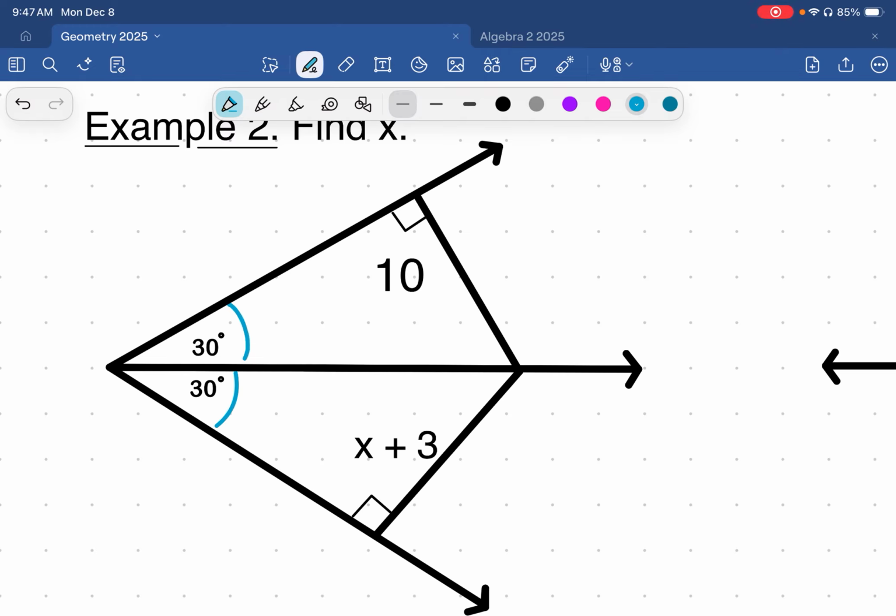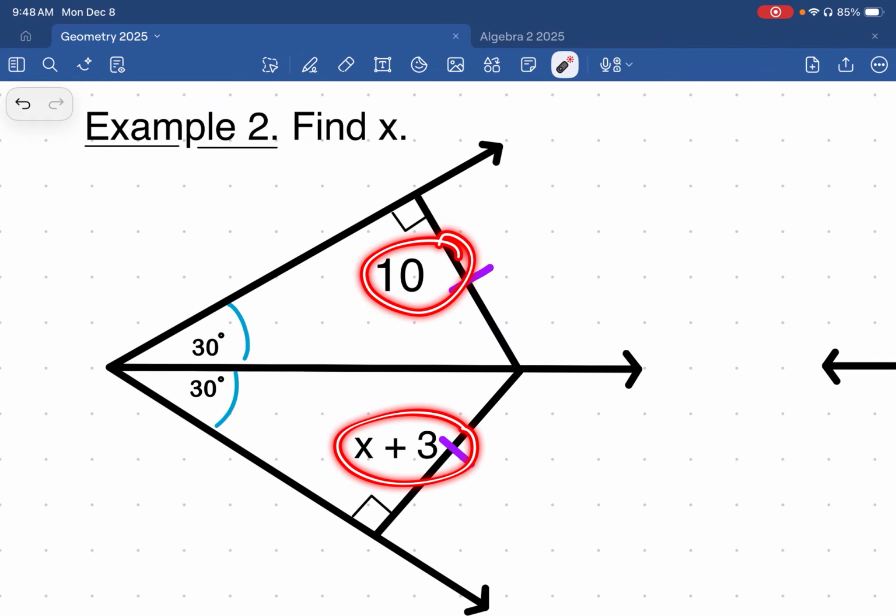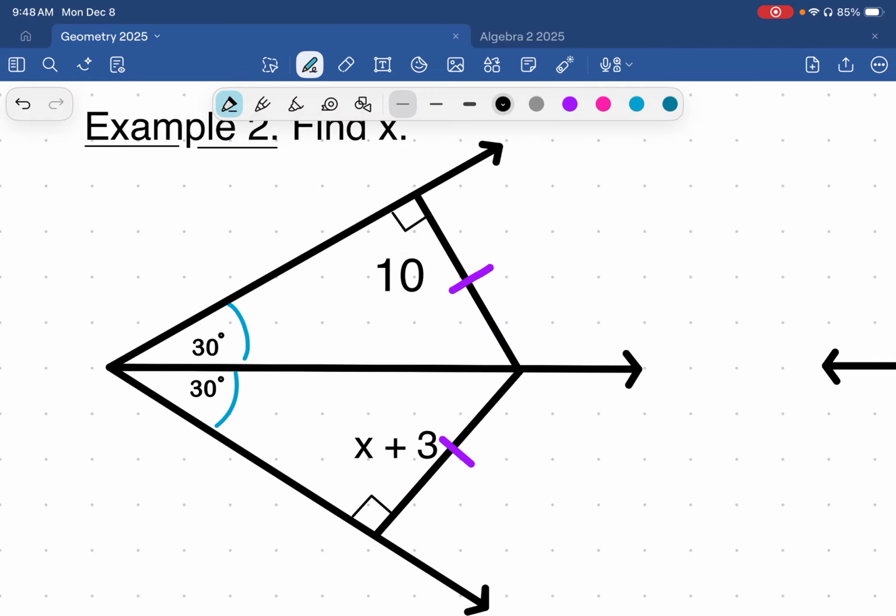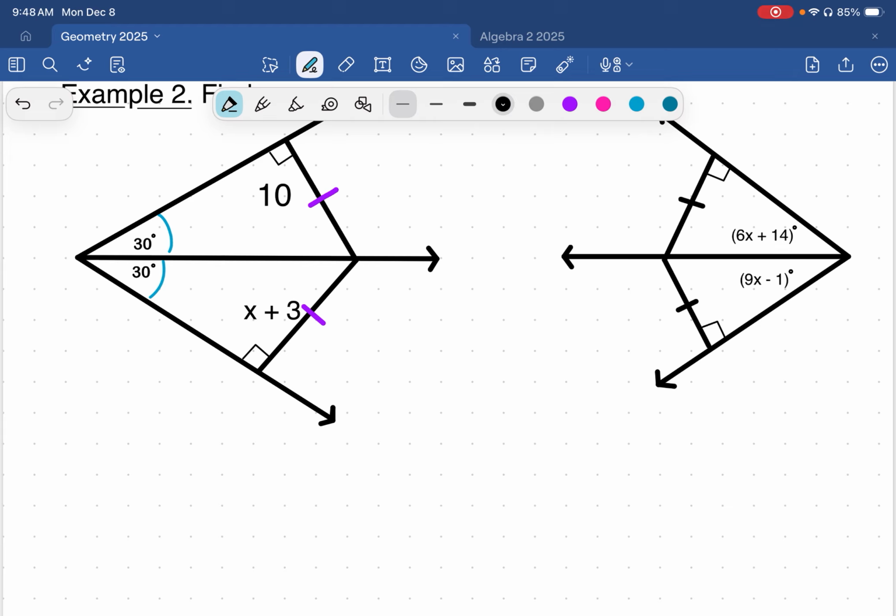They're showing me it's an angle bisector by giving the two equal angles. What does that mean? That means that this part and this part are equal. Why is that important? I can now take these two expressions and set them equal to each other to solve for x. So I have x plus 3 equals 10, and that's a quick and easy one to solve.